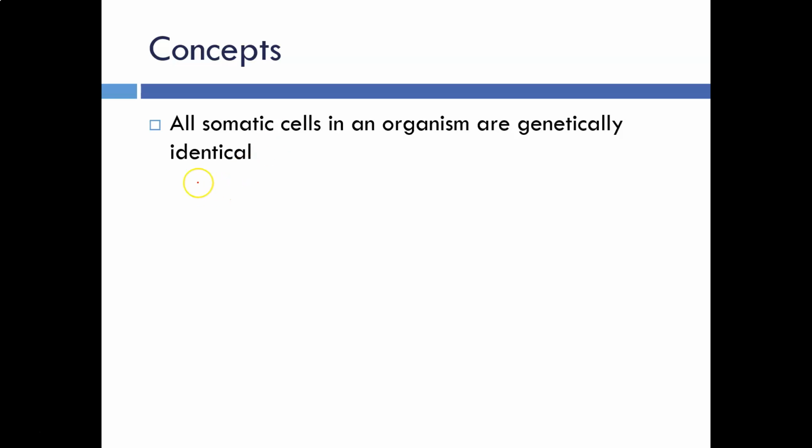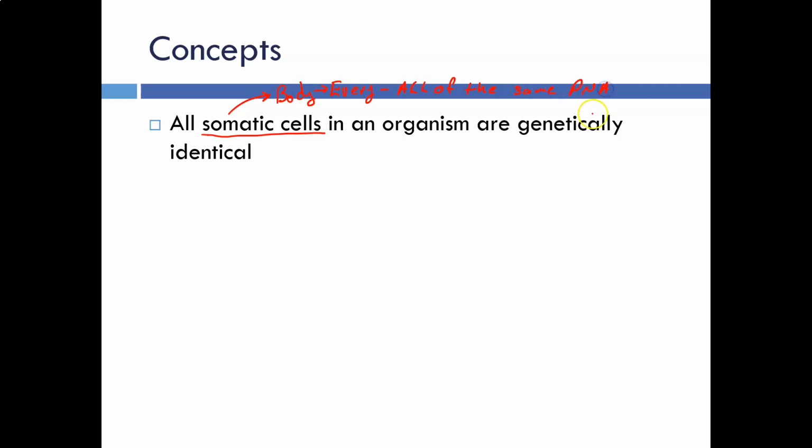Now, why do we need these regulations? Here's an important thing to remember: all of your somatic cells, and this goes back to the cell cycle, are the cells that make up your body. So we're talking about every single body cell except for sperm and egg, because sperm and egg are the gametes, and that goes through meiosis. Every cell that makes up the human body has all of the same DNA.